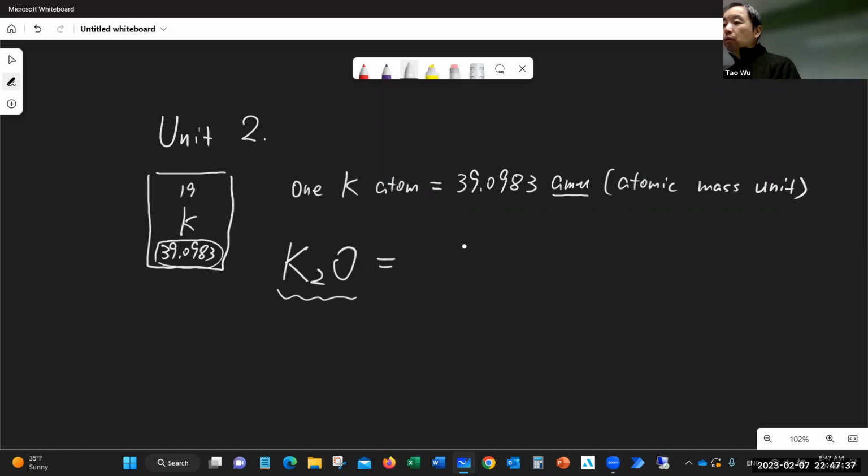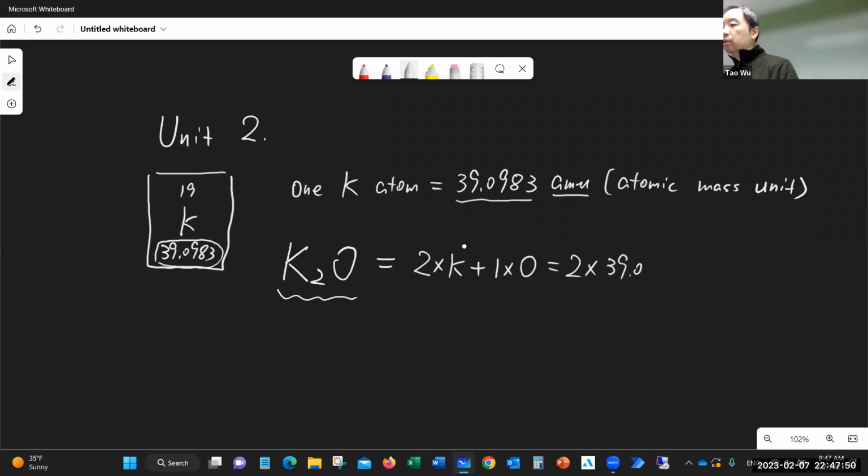For example, we have 2 times potassium plus 1 oxygen. So in this case, we have 2 times the mass of potassium, which is 39.0983, plus the oxygen. Oxygen is 1 time 15.9994, and this unit is AMU, and this unit also AMU.